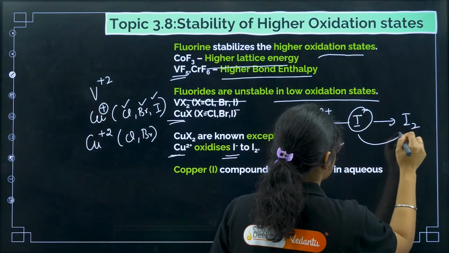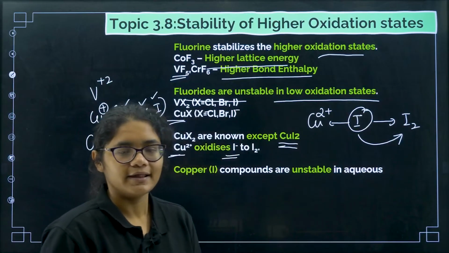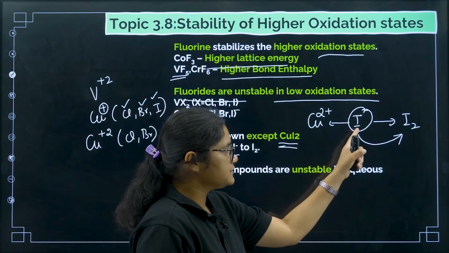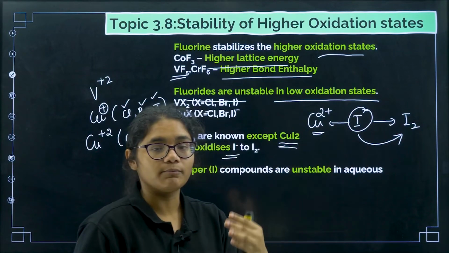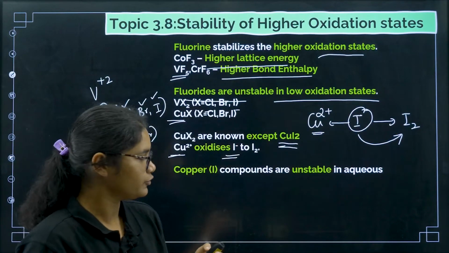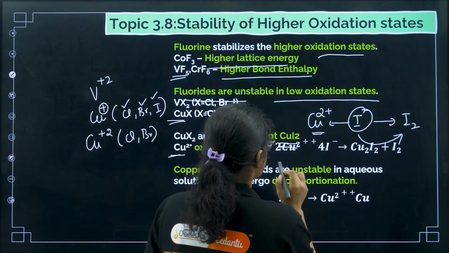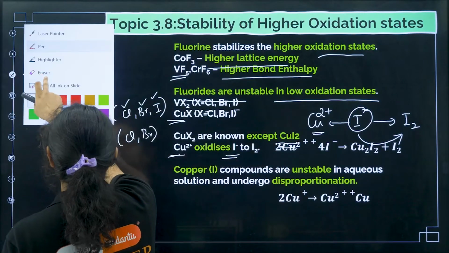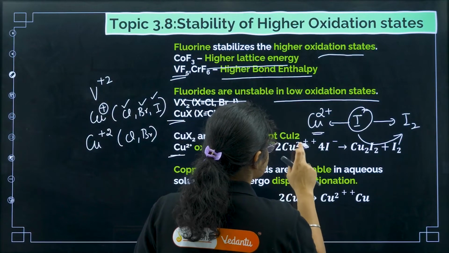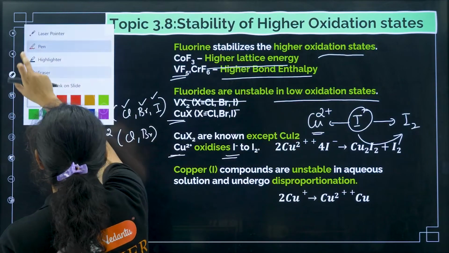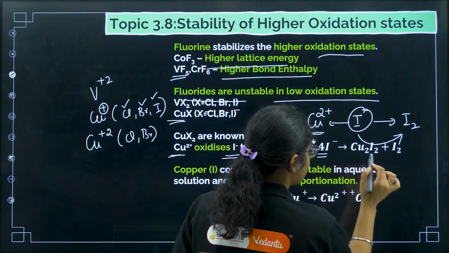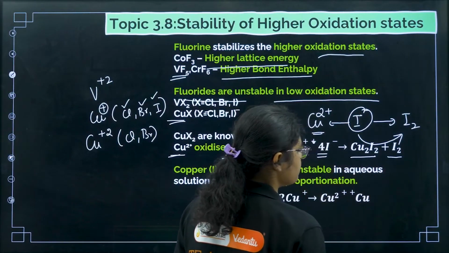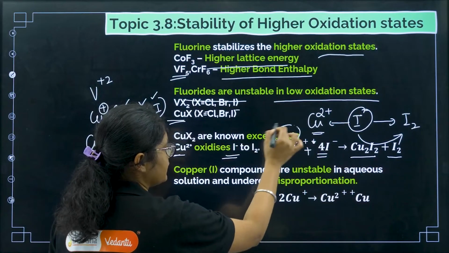It converted I- to I2. Now this I- is no more available to form a bond with Cu2+, right? So you can see the reaction here: 2Cu2+ + 4I- gives Cu2I2 + I2. So you can never find CuI2. CuI2 will not form.